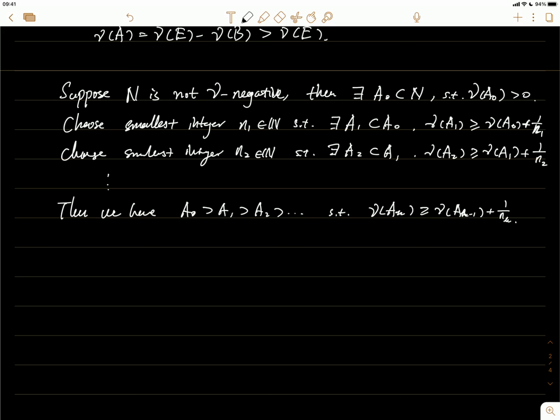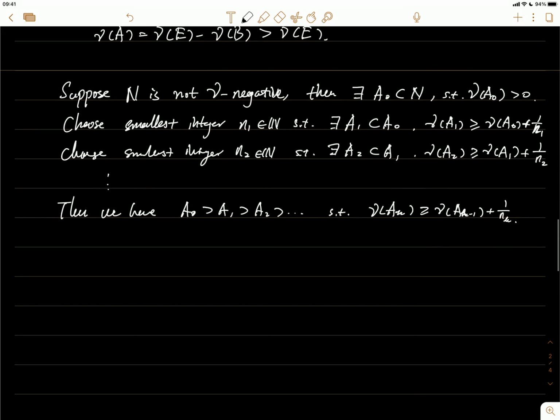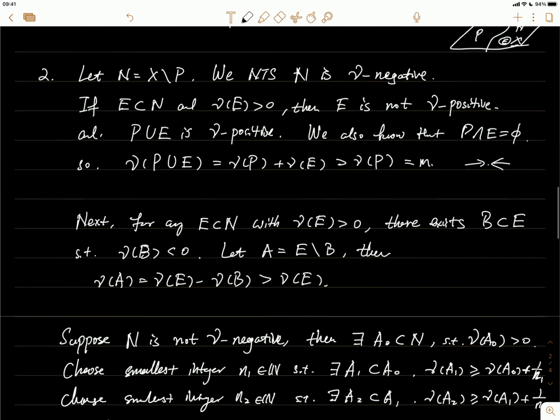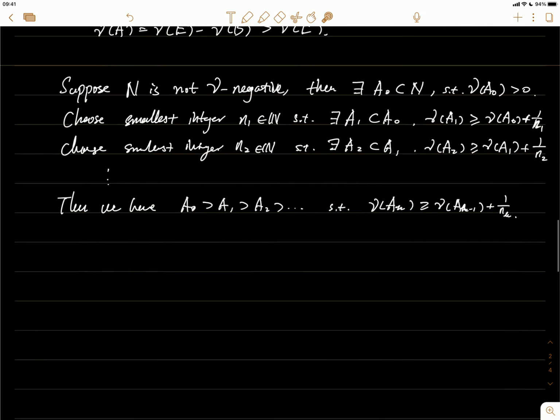Okay, now we know that the nu of A0 has a positive value, and it cannot be positive infinity as we said in the beginning. We consider this to only take negative infinity as well. It cannot take the positive infinity. That means this one is a finite number, is positive but a finite number. So you can see that this one has a positive finite value.